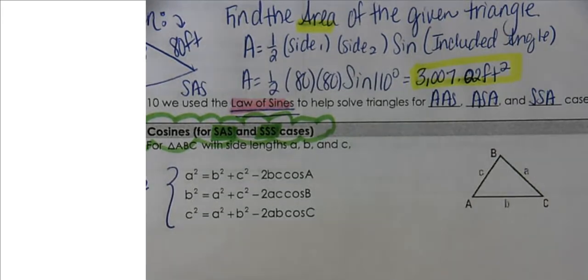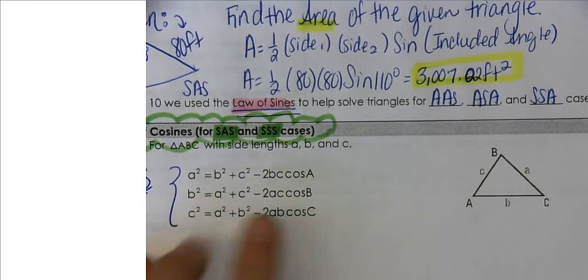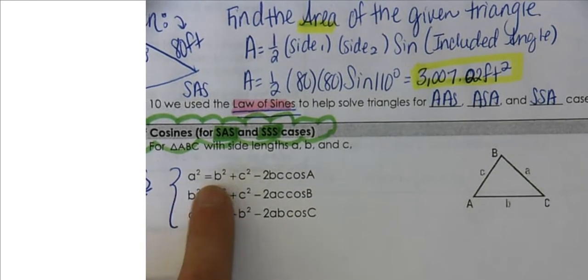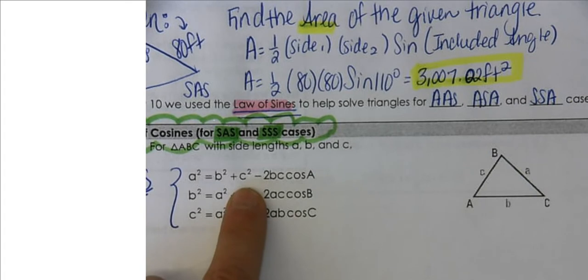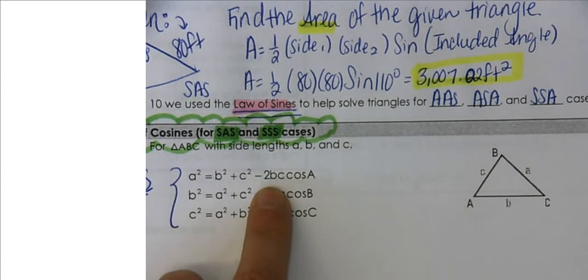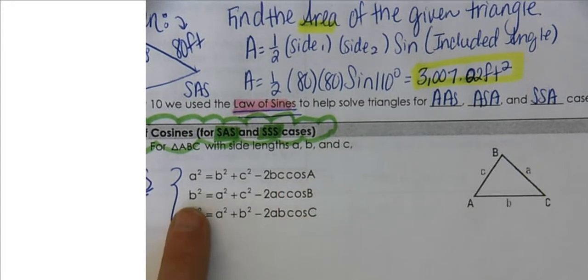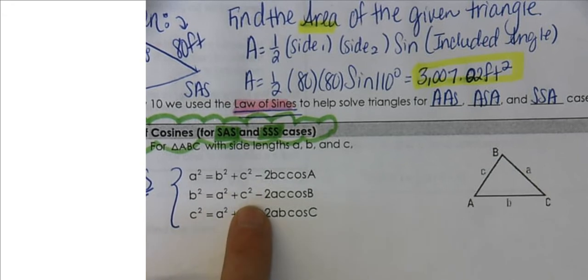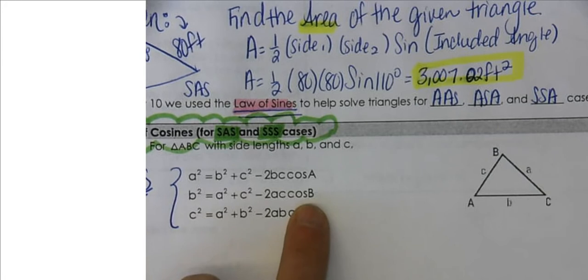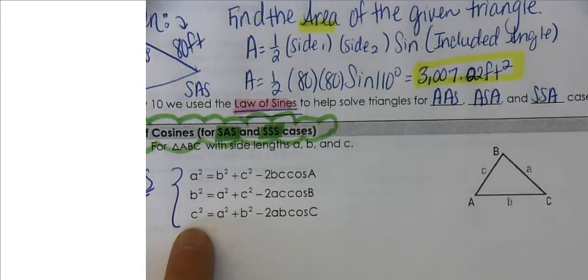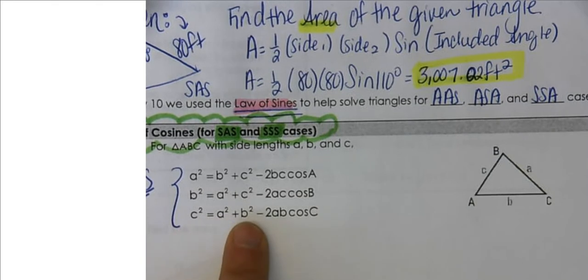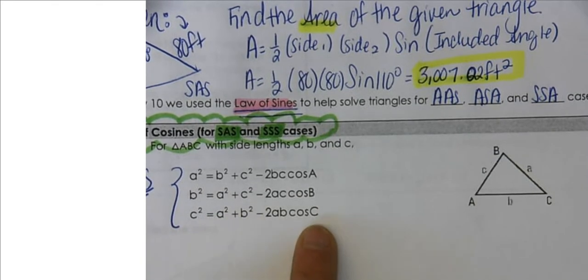So our formula for the law of cosines is a squared equals b squared plus c squared minus 2bc times the cosine of angle A. Or if we want to find b, we have b squared equals a squared plus c squared minus 2ac times the cosine of angle B. Or we have c squared is equal to a squared plus b squared minus 2ab times the cosine of C.